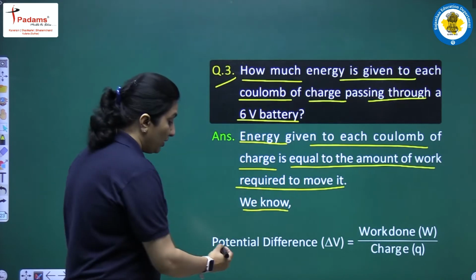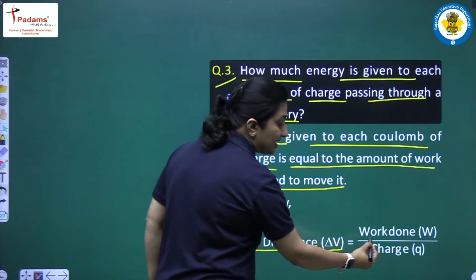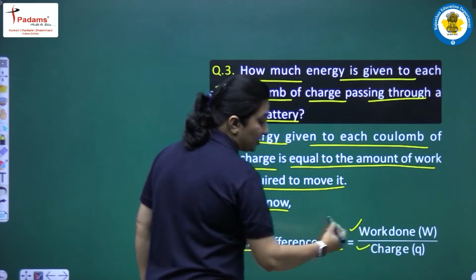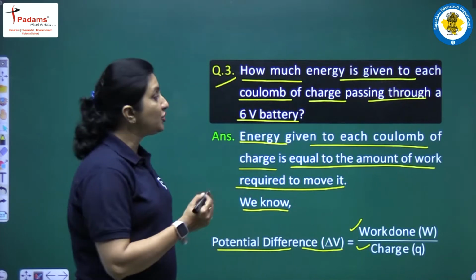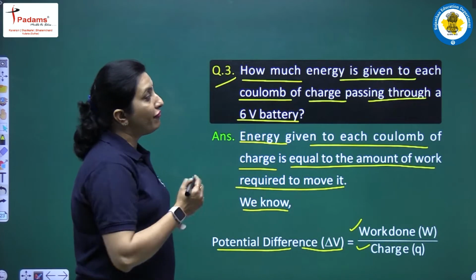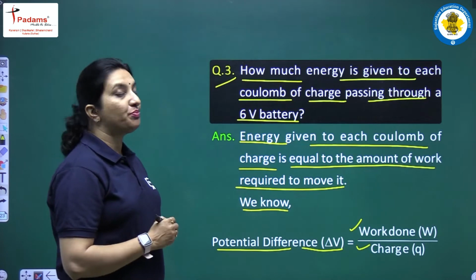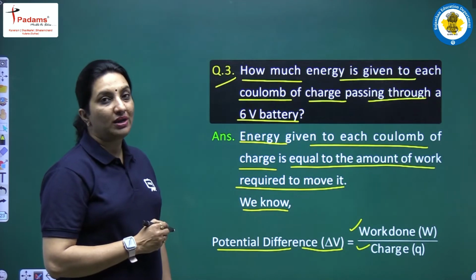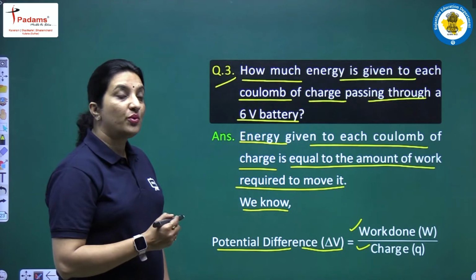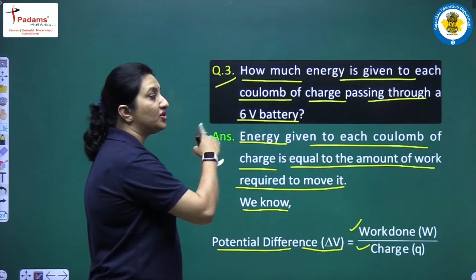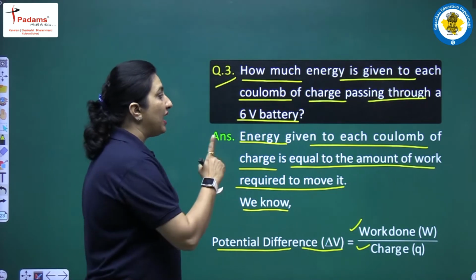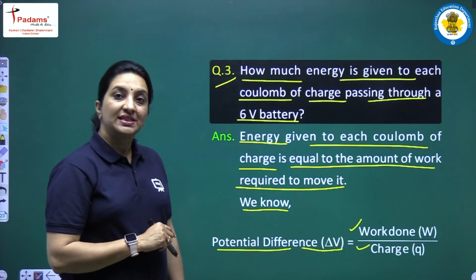Now we know potential difference delta V is equal to work done upon charge. So we will use this formula to calculate the energy for each coulomb of charge passing through a 6 volt battery. Now students, here what we are given is, we are given the charge is 1 coulomb and the potential is 6 volts.